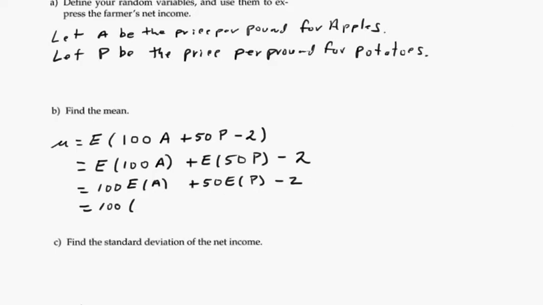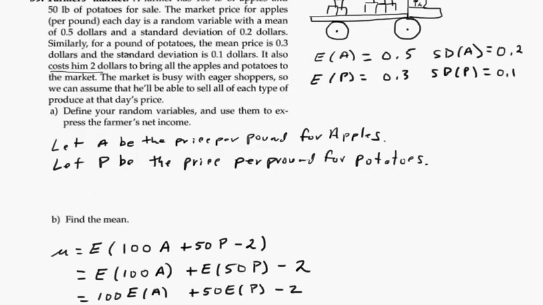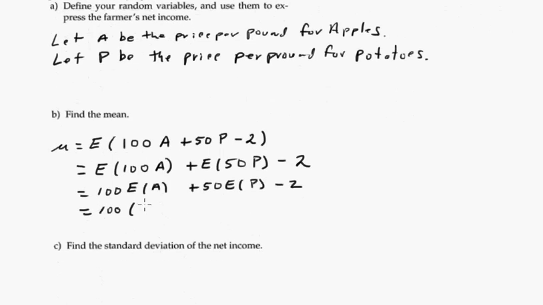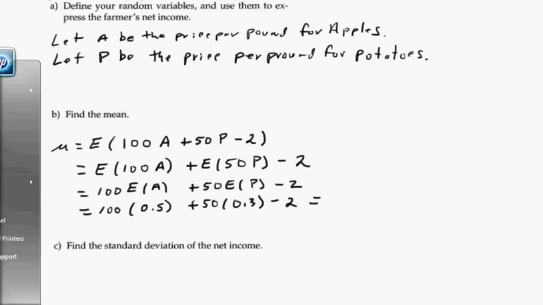So the expected values are up here, 0.5 and 0.3. So 100 times 0.5 plus 50 times 0.3 minus 2. Okay, and that's going to be, I did it here somewhere. I guess I'll just have to do it.